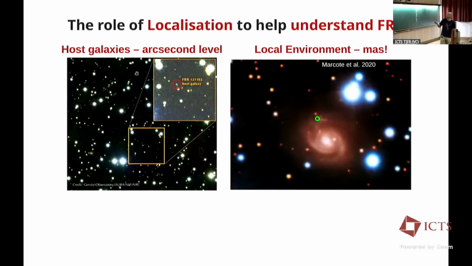For this sort of thing, you want to go to VLBI, and this is one of Benito Marcote's localizations, where he pinpointed the FRB down to this region out here in the spiral galaxy. This is not the VLBI beam. This is a factor of, I don't know, 10,000 bigger than the VLBI beam, just to show you that it was pinpointed to this location.